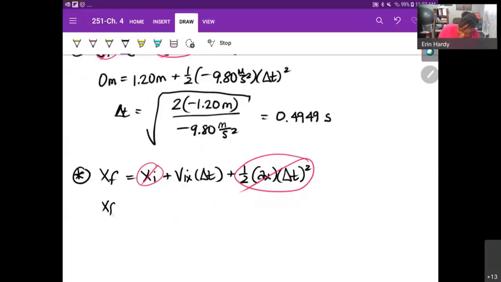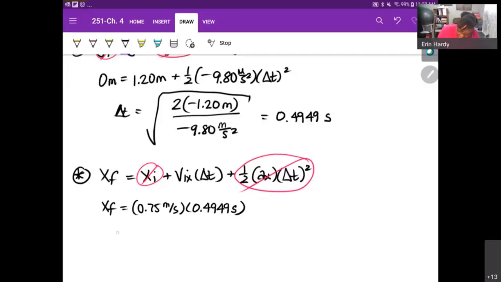So this whole last term is going to go. So x final is going to be V initial x, that is the 0.75 meters per second, and then delta t is the time we just calculated, 0.4949 seconds. And here's what we get.